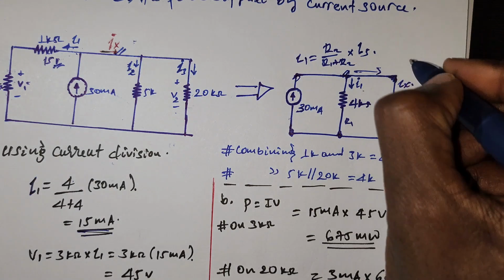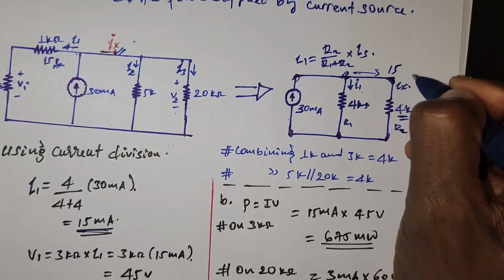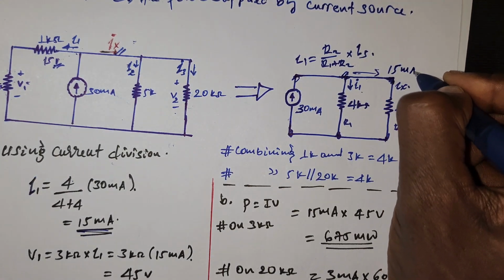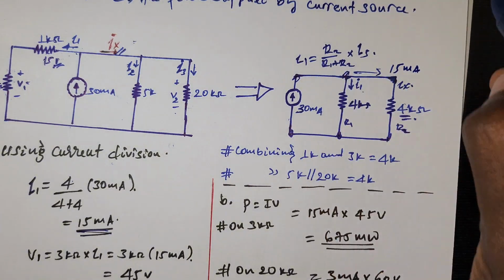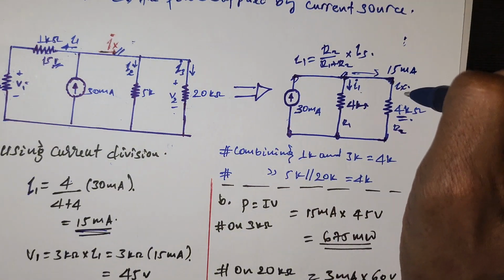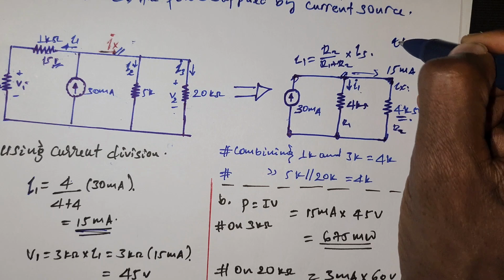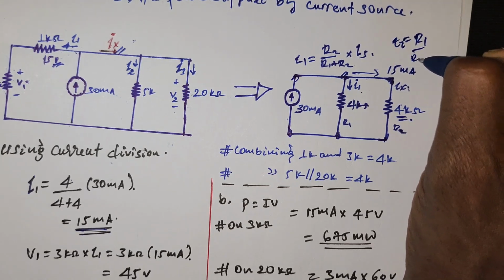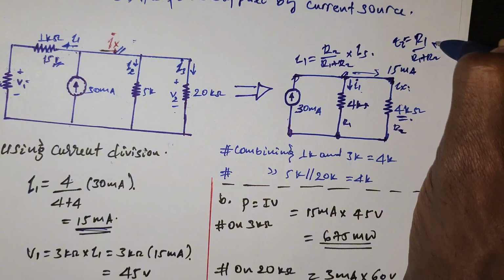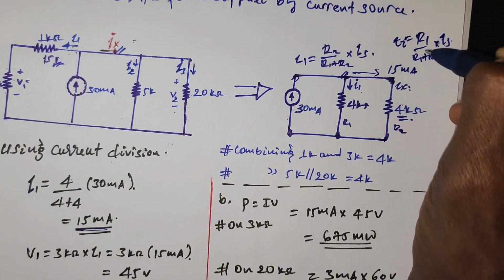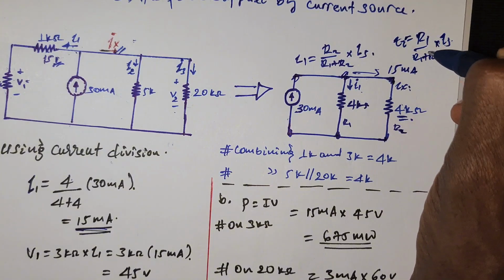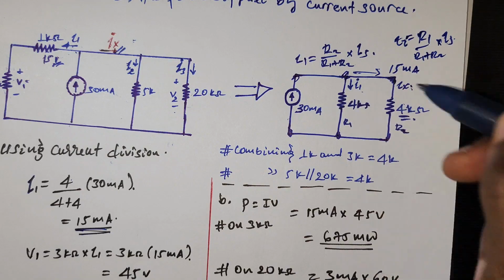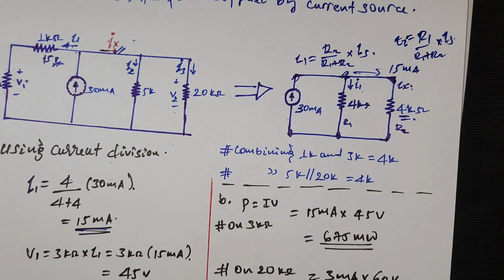So this branch also has 15 milliampere. Or using current division, assuming this as R2, I2 is equal to R1 over R1 plus R2 times I source. So 4 over 8, 1 over 2 times 30 milliampere, which is equal to Ix, also 15 milliampere.